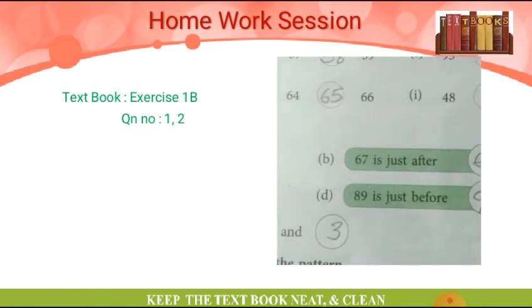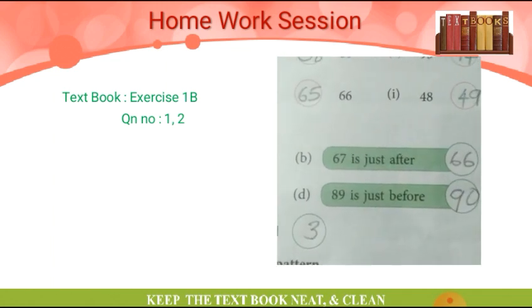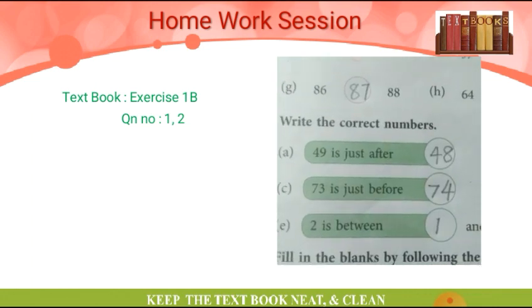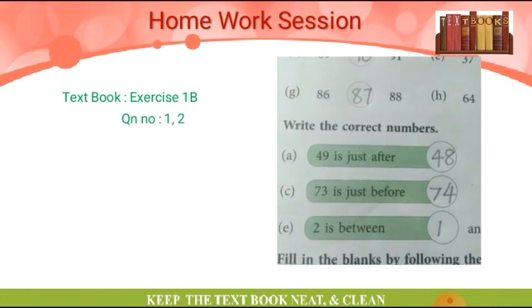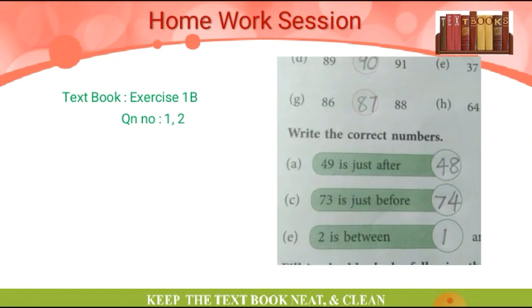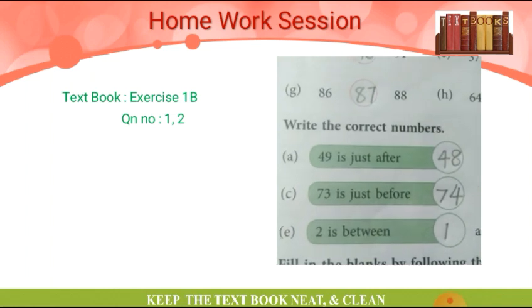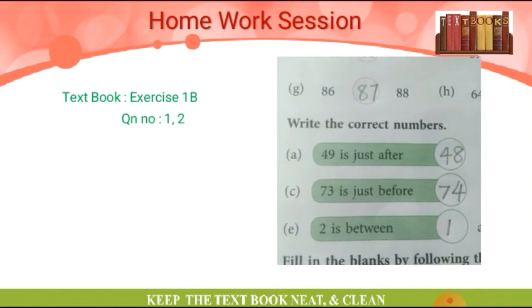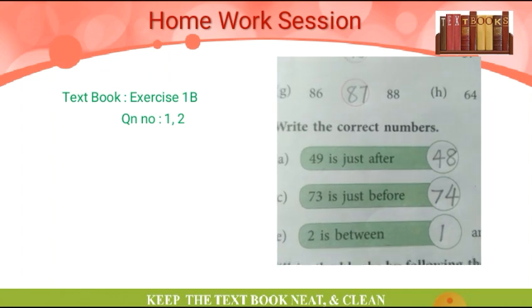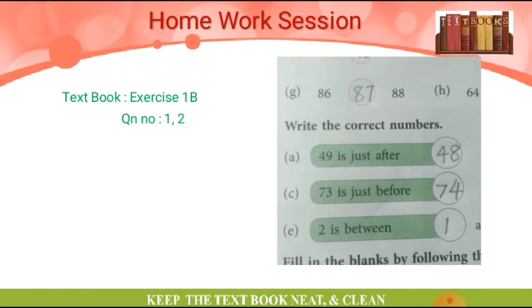67 is just after 66. 49 is just after means 49 ഏത് നമ്പർ കഴിഞ്ഞിട്ടാണ് 49, അതാണ് 49 is just after. So 48 കഴിഞ്ഞ് 49, that is written. Then 73 is just before, അതായത് before എന്ന് പറഞ്ഞാൽ മുമ്പ്.